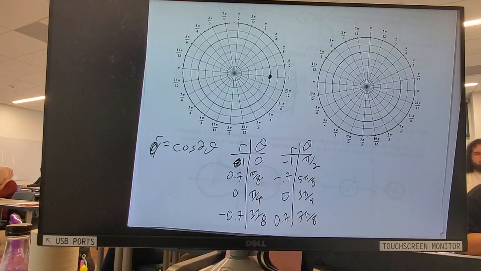The problem we did on the piece of paper, I had a 2 out front. So when the answer was root 2 over 2, it was multiplied by the 2 out front. We all know the cosine of 45 degrees is root 2 over 2. The one we just did earlier, I put a 2 out front, so it doubles.